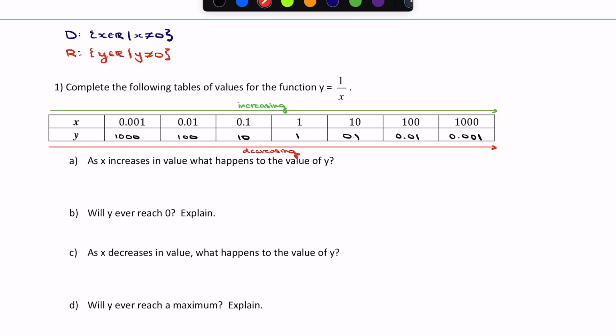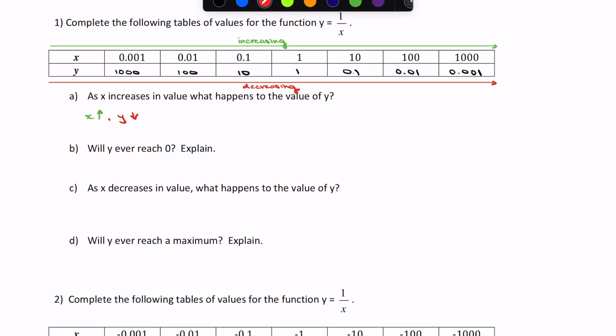And then again, if you flip it the other way, as x is decreasing, then the y values would be increasing. So here we see that as x increases, then the y values decrease.